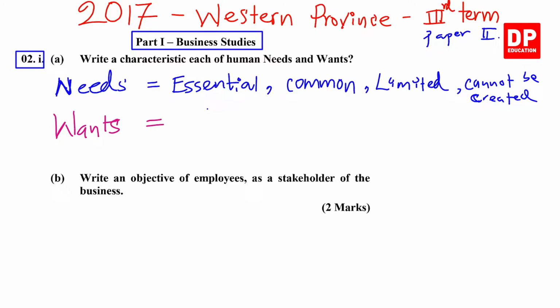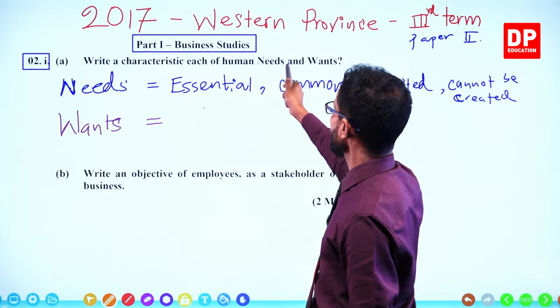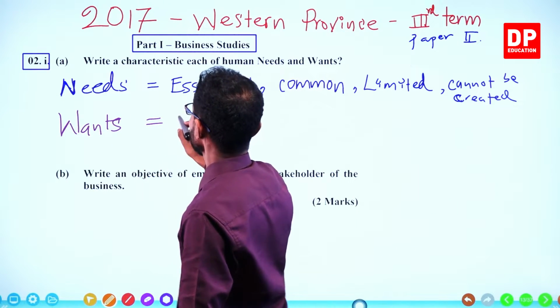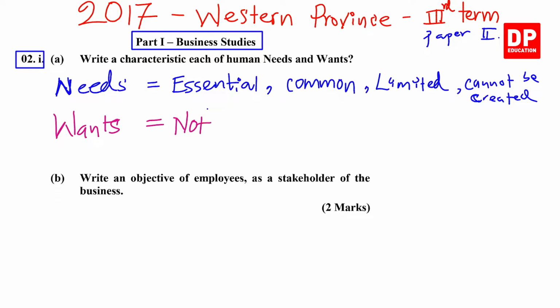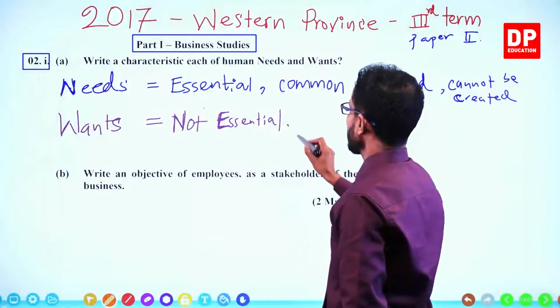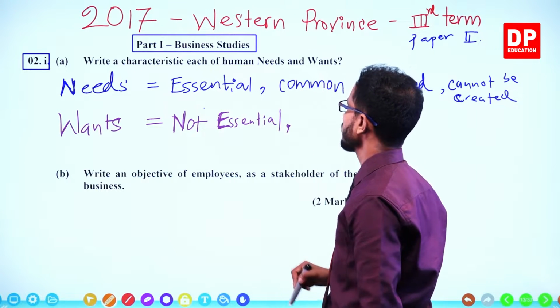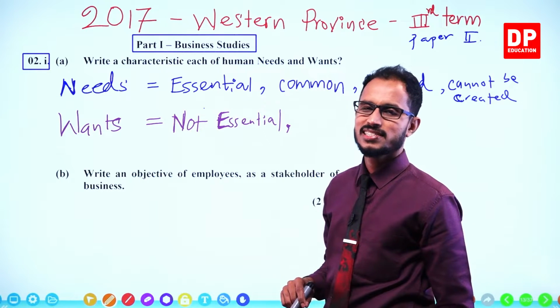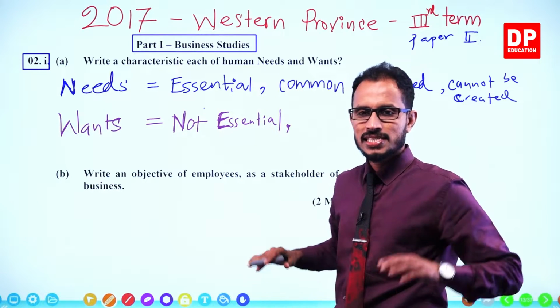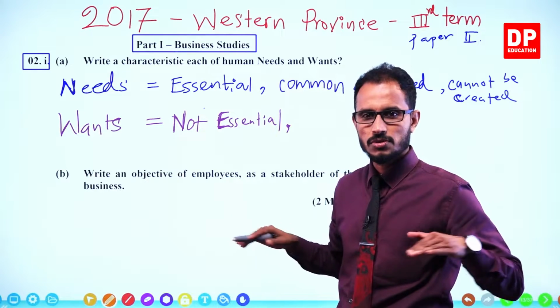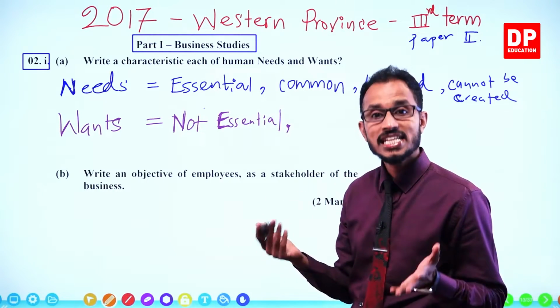Okay, then wants. Let's take another color for wants. Characteristics of needs and wants, both. Wants are not essential. Well, you can write the opposite of these. Don't write not common. It's not suitable. Write subjective.